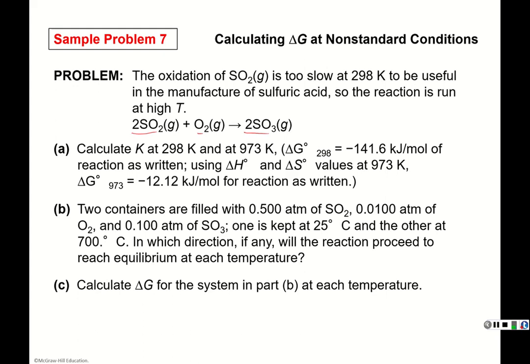Second part, 2 containers are filled with half an atmosphere of SO2 and 0.01 atmospheres of O2 and 0.1 atmosphere of SO3. One is kept at 25 and the other at 700. In which direction, if any, will the reaction proceed to reach equilibrium at each temperature? And then finally calculate delta G for the system in part B at each temperature.